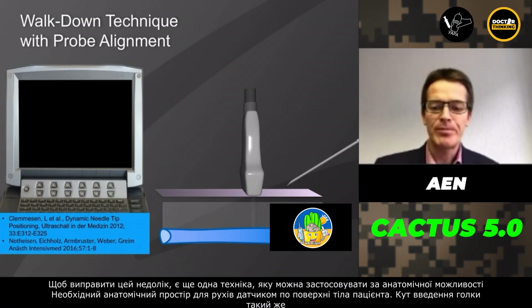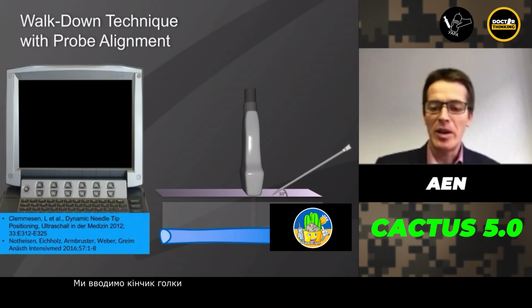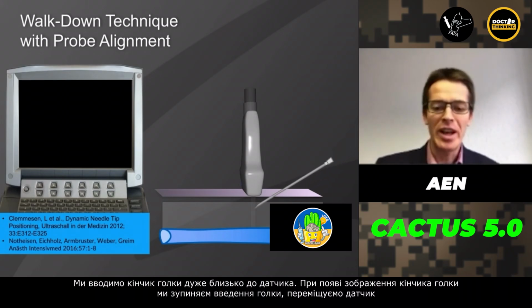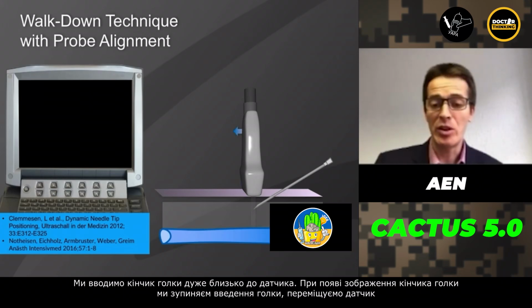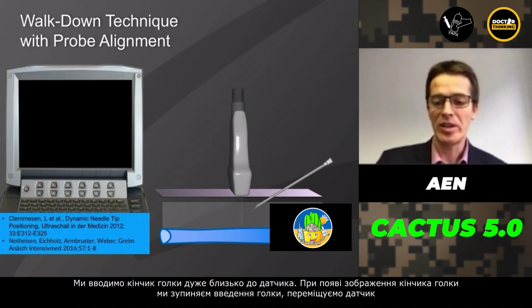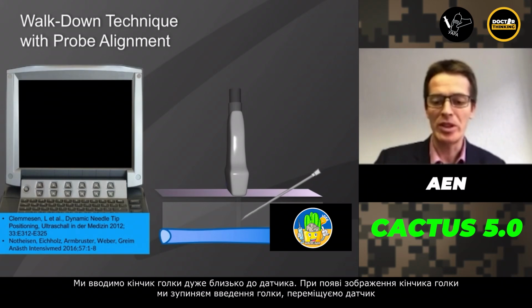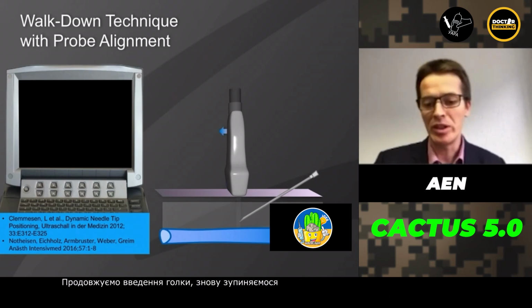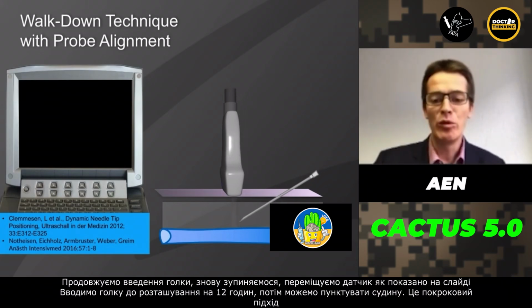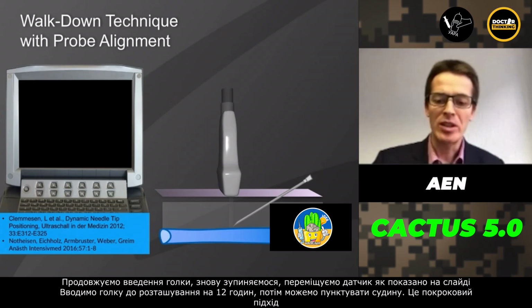The angle of needle insertion is basically the same, aiming at an early identification of the needle tip very close to the probe. When the first reflex occurs, we stop the needle, move the probe, forward the needle, stop again, move the probe like here, and insert the needle a little more until we get to the 12 o'clock position. And then we can puncture the vessel.